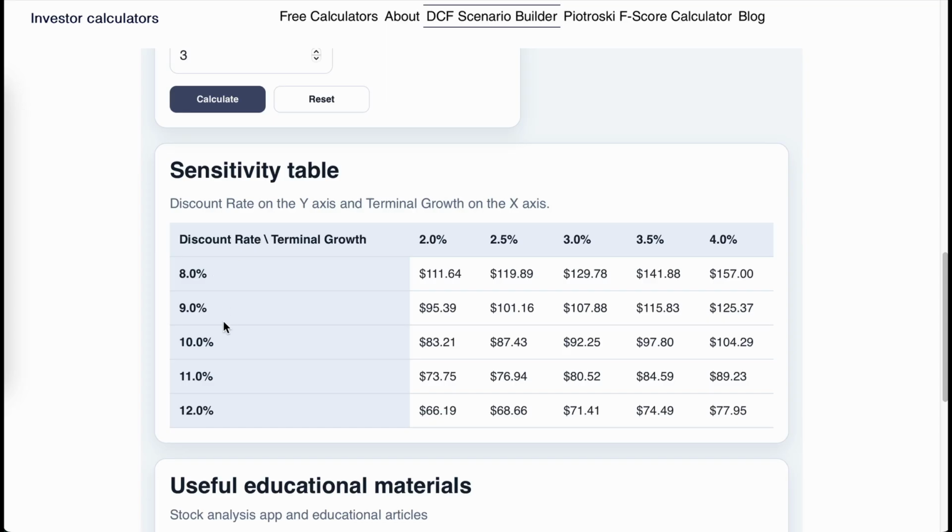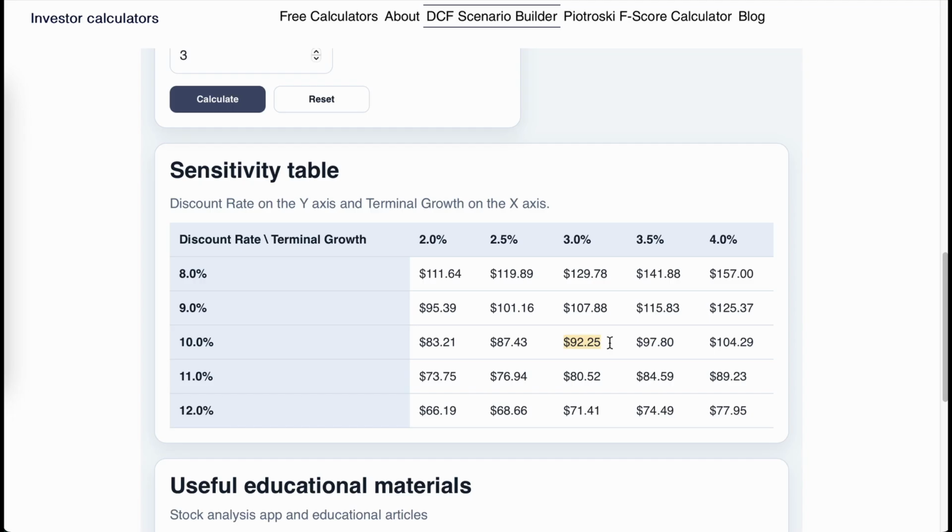Let's say you think that inflation will be rising, the cost of money will be rising in the future, and the discount rate will be 10%, and the terminal growth rate will be 3%. So in this case, the company share price will be 92.25.